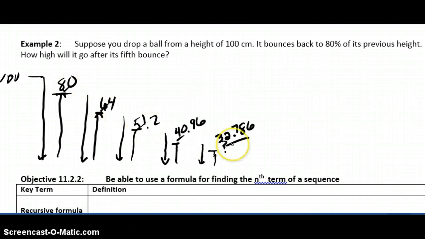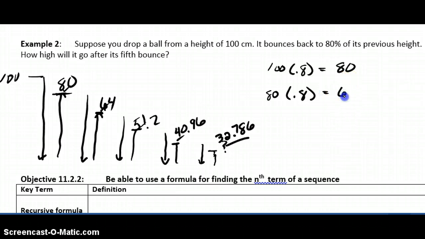And we can do this with a nice picture like this, or we can do it a little bit more efficiently, and we'll show that on the side here. I would start at 100, multiply that by 0.8, and I get 80, of course. That's my height after my first bounce. Then I'm going to take that 80 and multiply it by 0.8, and I get 64.